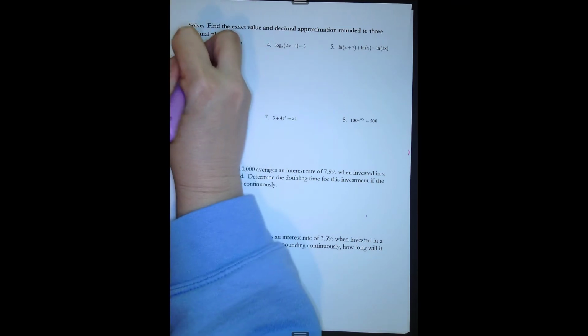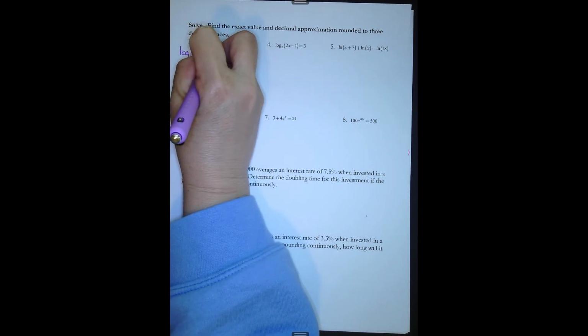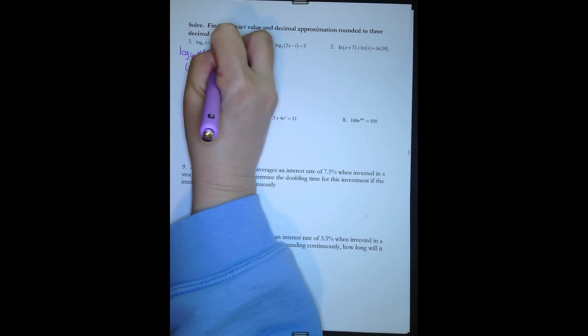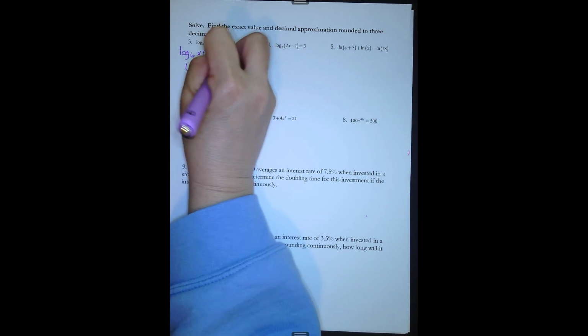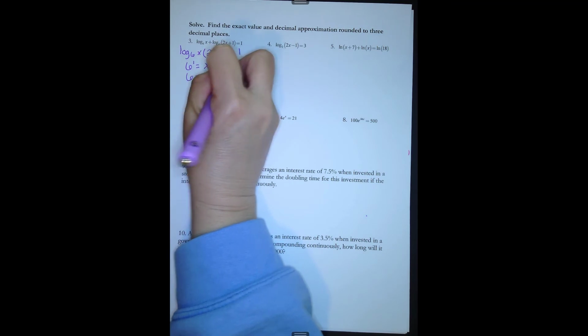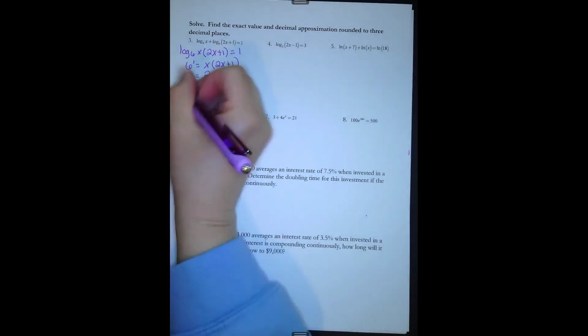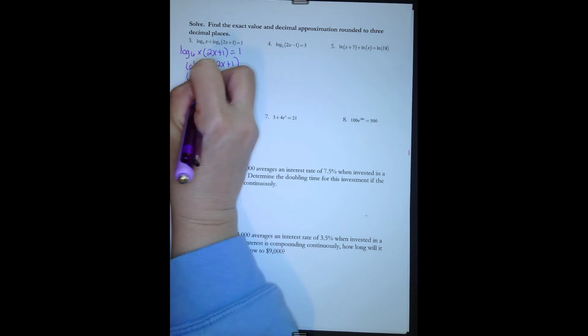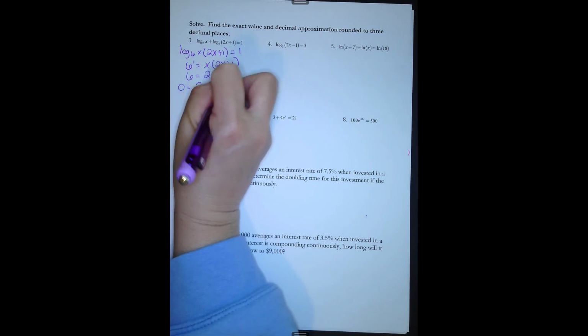So this is 6 to the first equals x times 2x plus 1. So this is 6 equals 2x squared plus x, and I am getting really happy because guess what we're going to get to do? We're going to eventually get to factor this. So we have 0 equals 2x squared plus x minus 6.